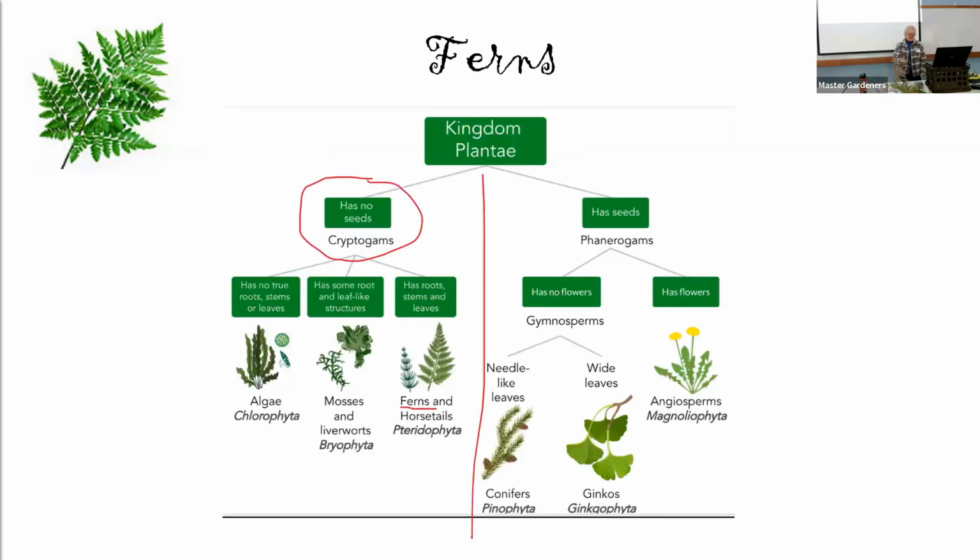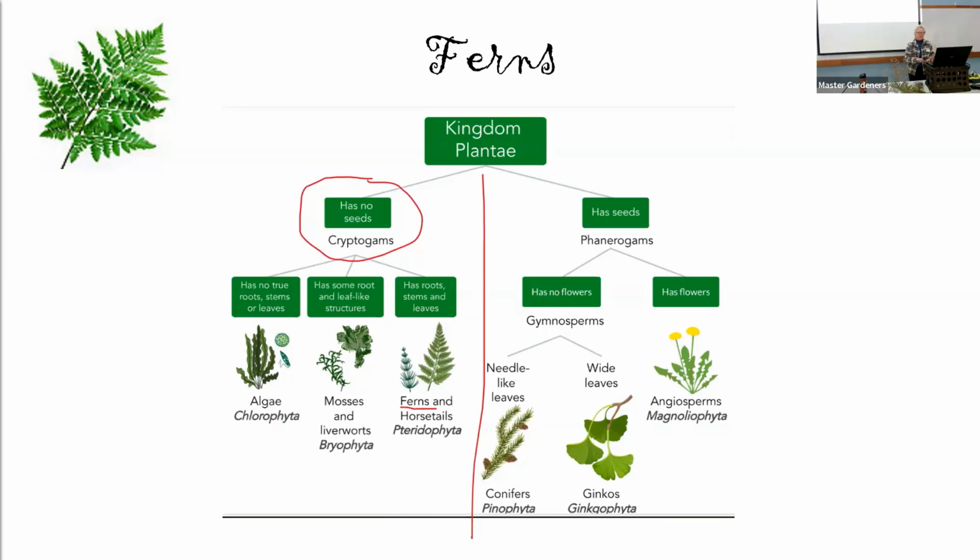All right, so starting very broadly, we have the plant kingdom. On this side we've got plants that reproduce with flowers, as Mary touched on, and cones, which make seeds. And then we have plants that do not have those abilities.